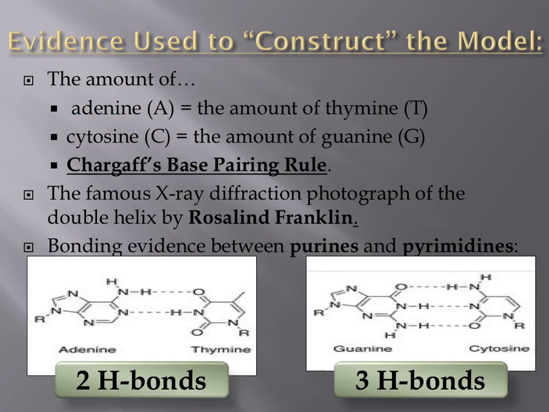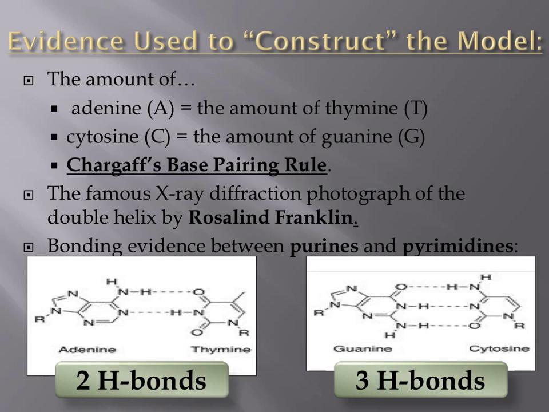So because A always pairs with T and G always pairs with C, another piece of evidence that was used to make this model is something called Chargaff's base pairing rule. Chargaff was someone who was doing some experiments, and he was measuring the amounts of different nitrogenous bases in different species.